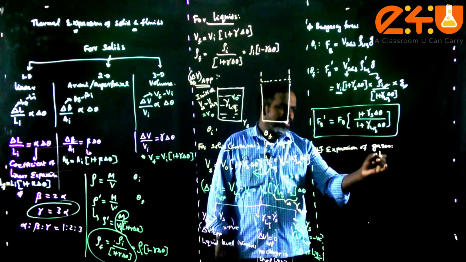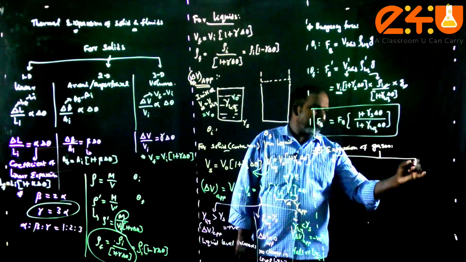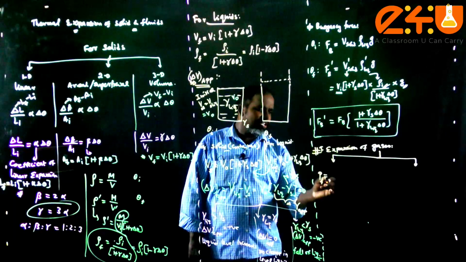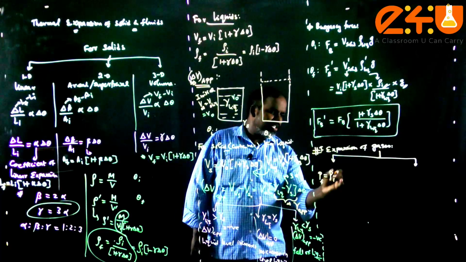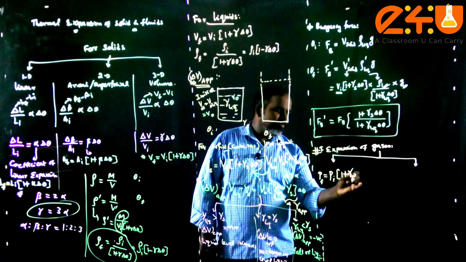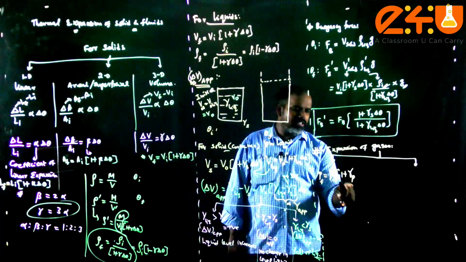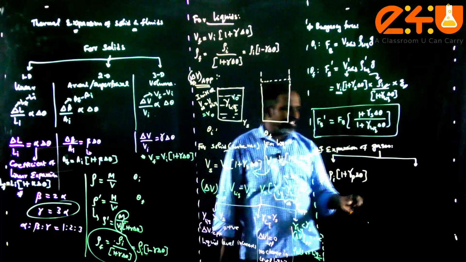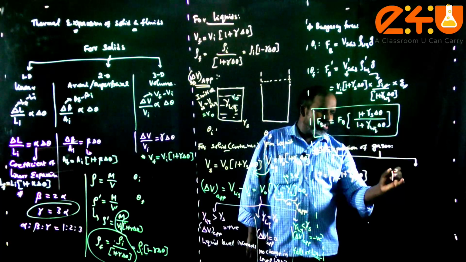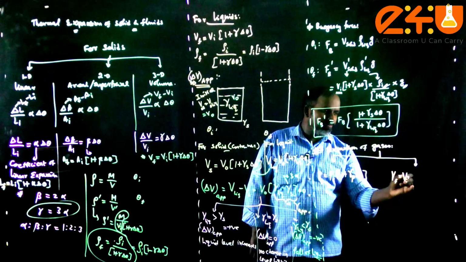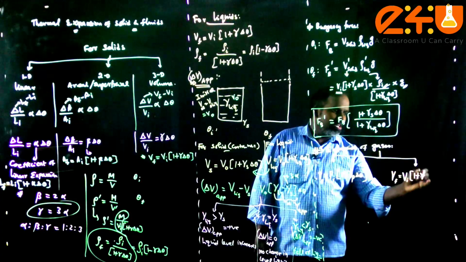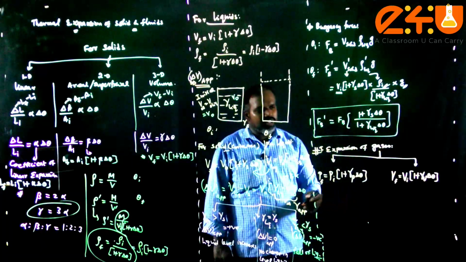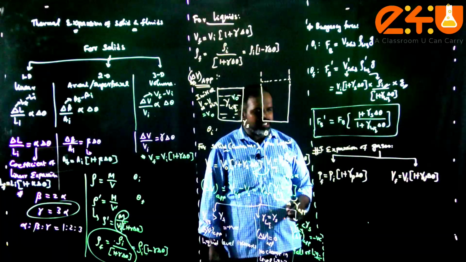So at any temperature we can write P final equal to P initial into (1 plus gamma P, the coefficient for pressure change, into delta theta). And similarly for volume expansion, V final is equal to V initial into (1 plus gamma volume into delta theta). So this is the expansion of gases.